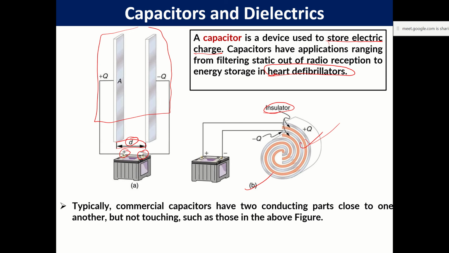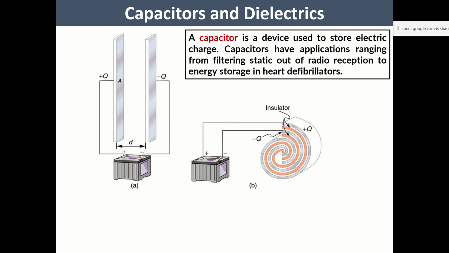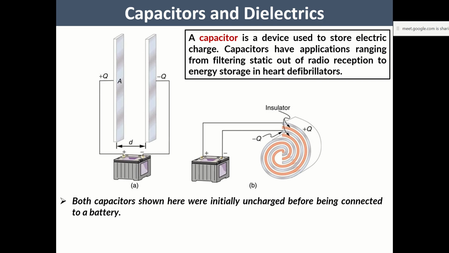Whether they are standing vertically or they are rolled into sheets like the second picture, both are examples of a capacitor. We do not allow the two parts to touch each other, and we put an insulator in between the two plates to provide separation.